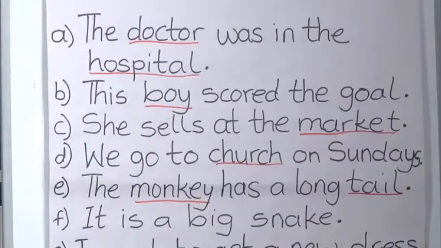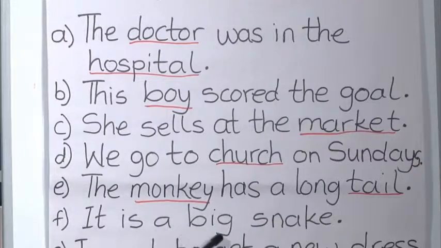So these are the common nouns in this sentence. Monkey is a name of an animal, and we have tail, which is also part of an animal.